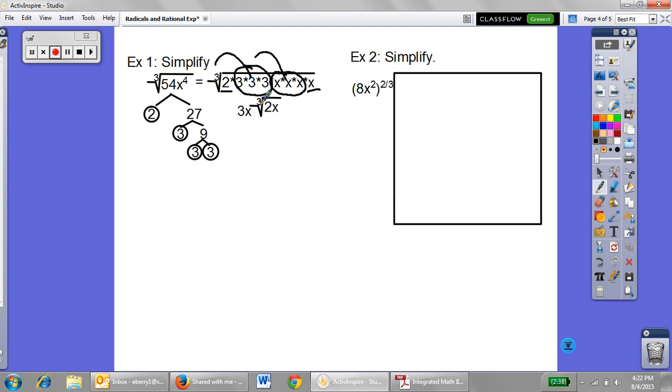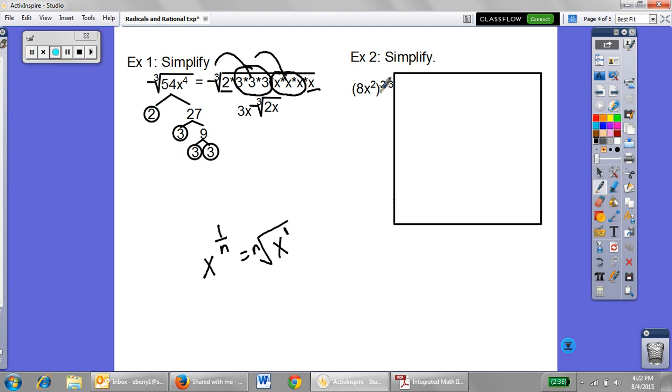Next, example 2 says to simplify 8x squared to the 2/3 power. This is a little different, and what's different is that there's a 2 here as its exponent instead of a 1. So thinking back to the last page of the general idea of rational exponents, we saw the nth root of x, where n was the root and 1 went right inside.